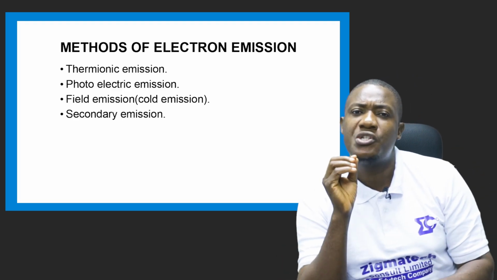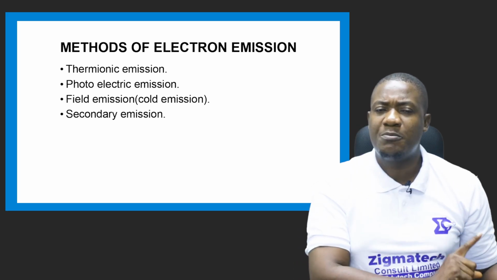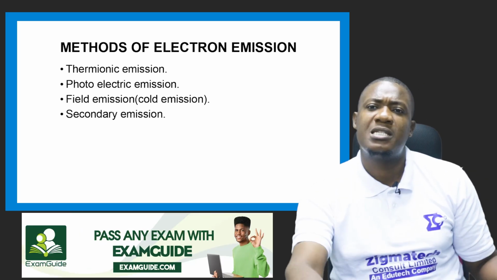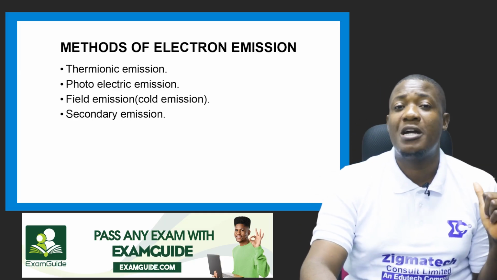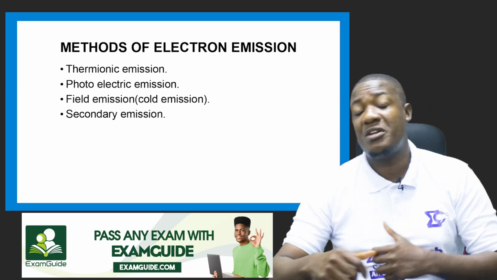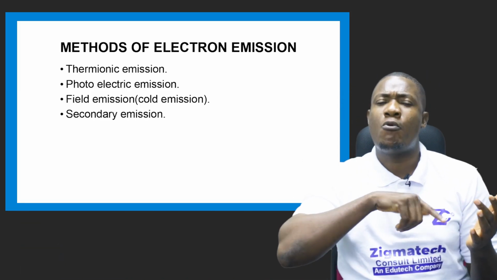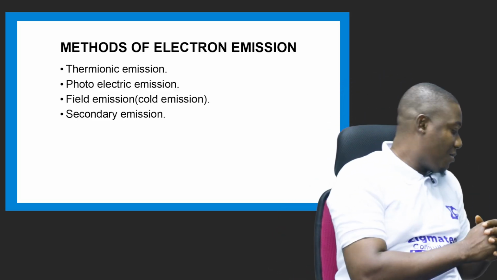Now, in practice, this heat is actually obtained from filaments. Previously, I've told you about conversion from electric energy to heat energy. This filament is just a coil of wire, right? Of course, you know about nichrome and all of that.